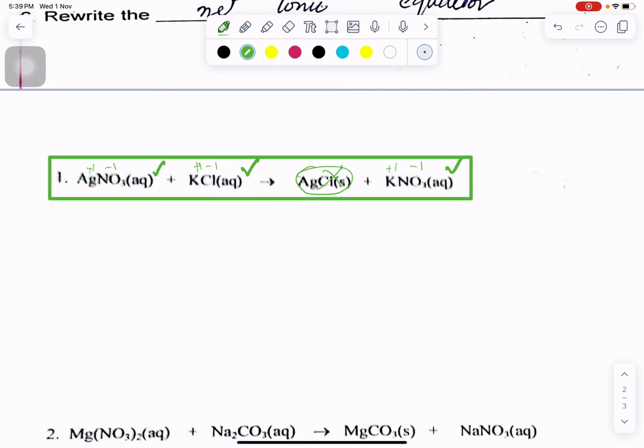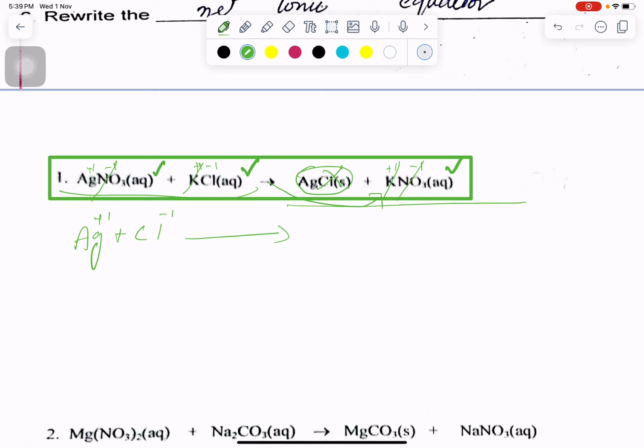Now spectator ions. Spectator ions mean the same ions on both sides of the equation. This is the one side and this is the other side. Here we have K and K, cancel out. Here we have nitrate and nitrate, cancel them out. Now we have leftover Ag and Cl.